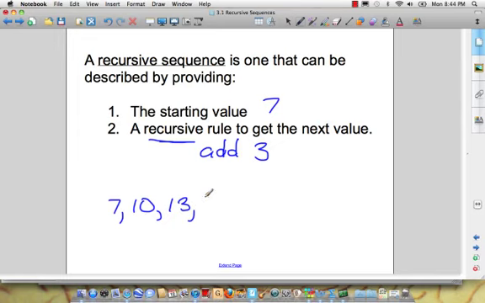And then I add 3 to that, get 16, 3 more is 19, and so on. So again, a recursive sequence is one that starts somewhere, and then you keep doing the same thing over and over and over. In this particular example, the recursive rule was add 3.